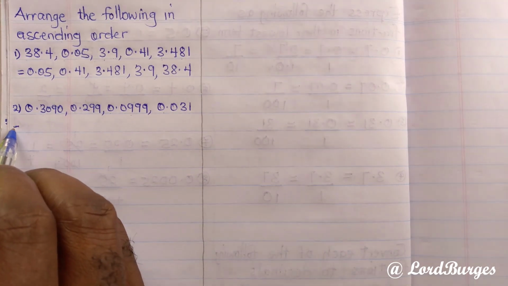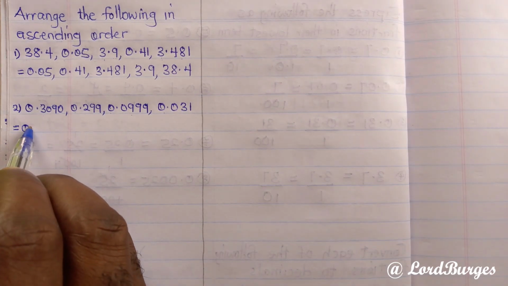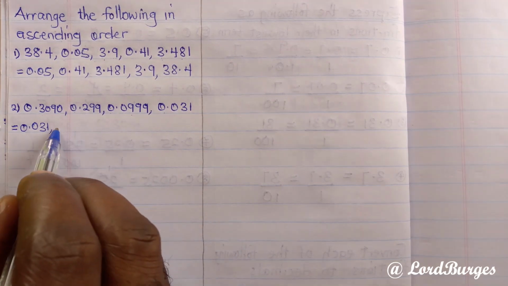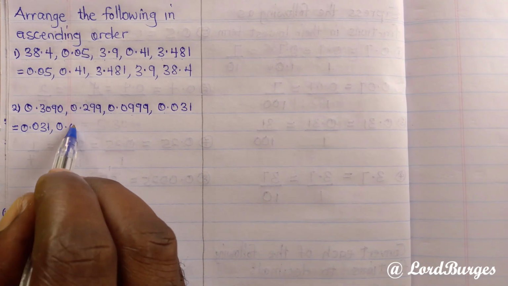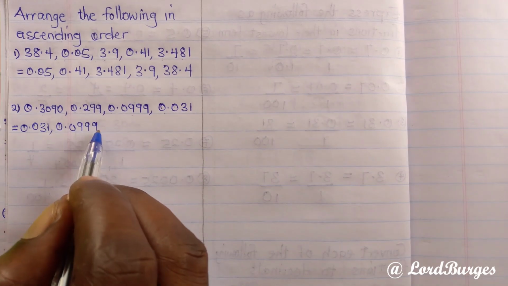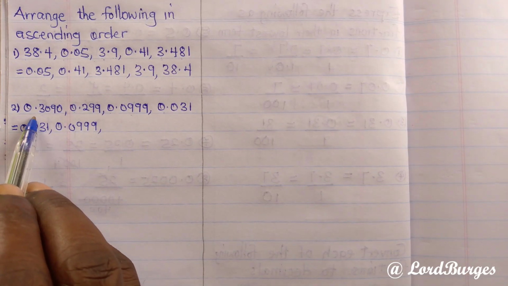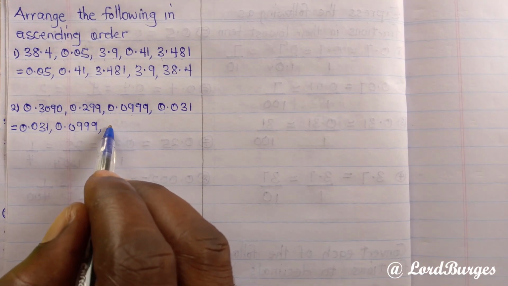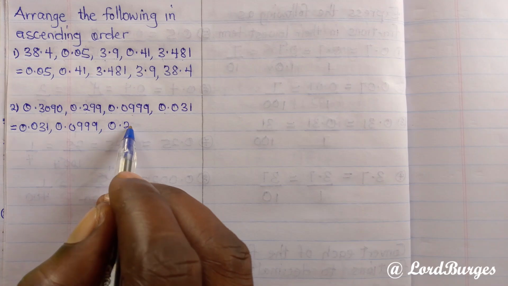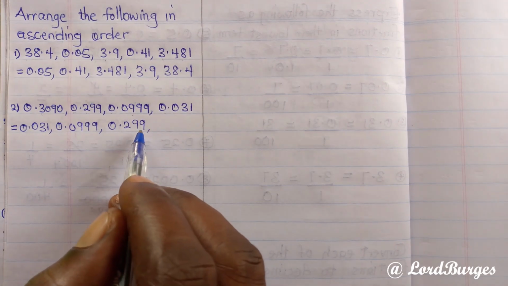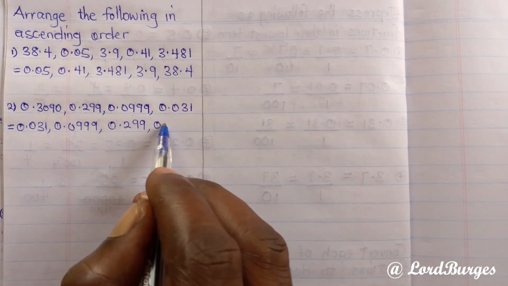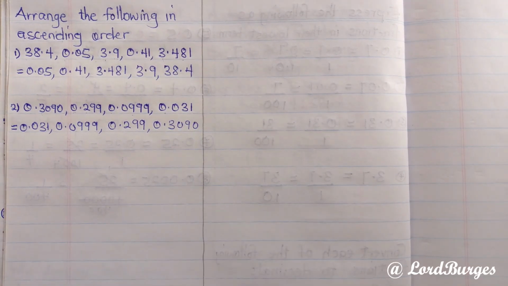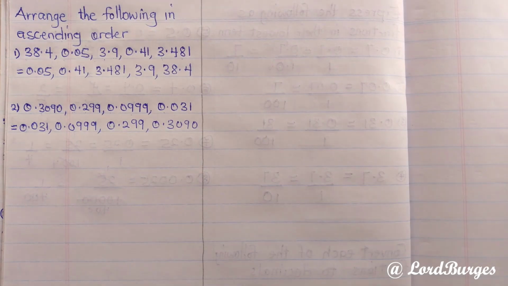Therefore, we now have the smallest to be 0.031, followed by the 0.0999, then 3 and 2. So 2 is smaller. So we have 0.299. Then the largest is 0.3090. So this is the arrangement.